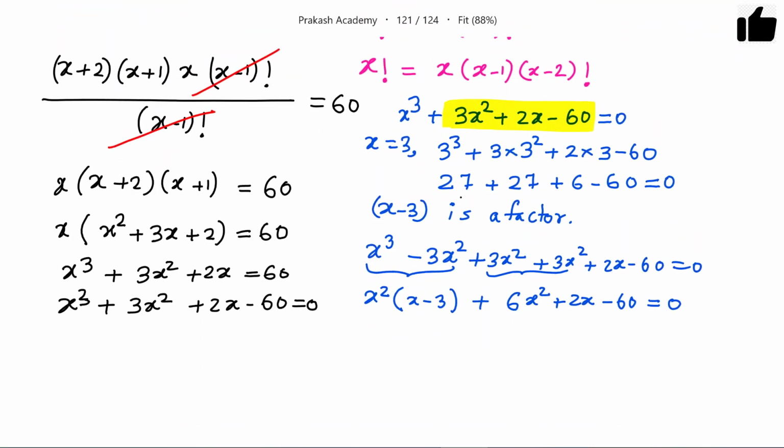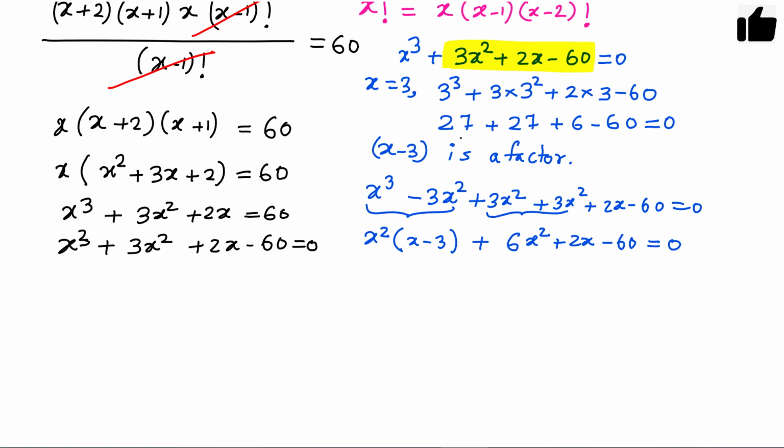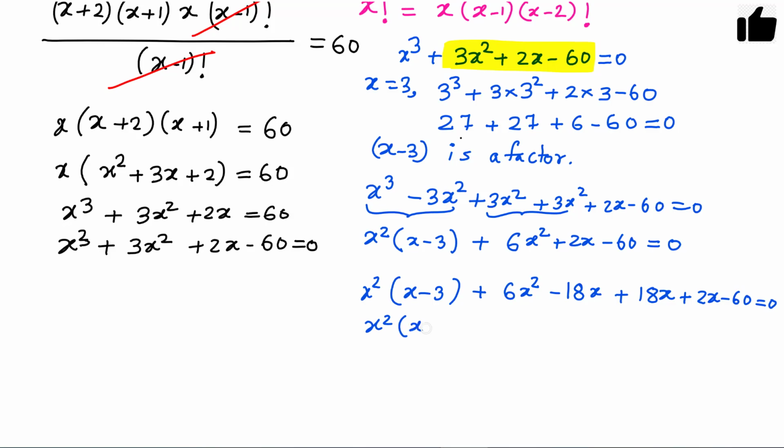Now again I want to have a factor of x minus 3 here. So I have x square, x minus 3, and then I have 6x square. What I will do is I will subtract 18x and I will add 18x, and then you have 2x minus 60 equals 0. So you have x square, x minus 3, and here you can take 6x common. So you will have x minus 3, and here 20x minus 60 equals 0.